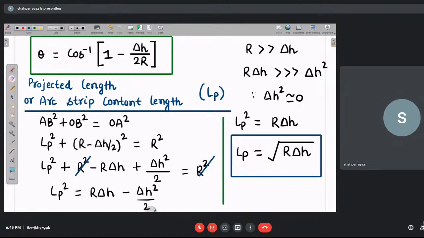Pardon. See, this value will become very small.